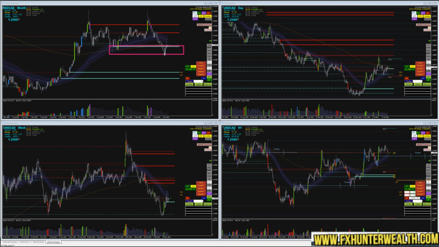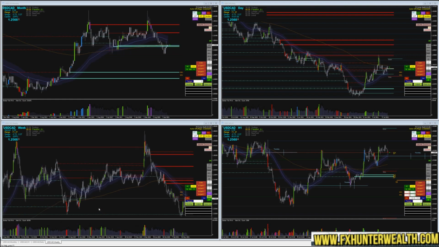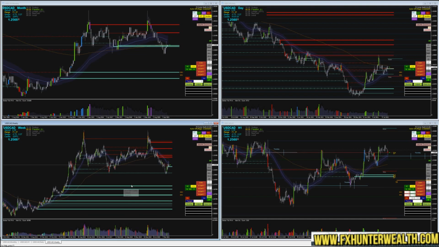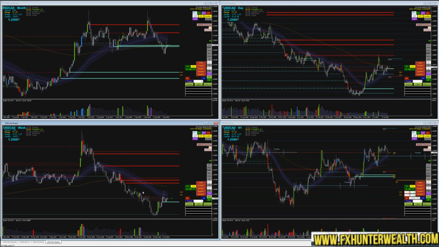The price is now reacting here, and the same situation is here on the weekly: this small demand zone which fired this market up. We can see a second reaction here, and what we want to know right now on this COT is whether this move is just a correction or a market reversal.